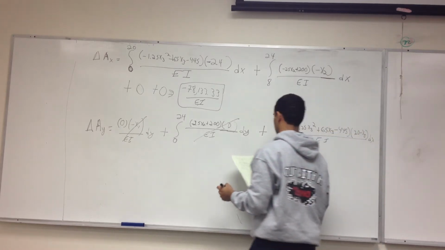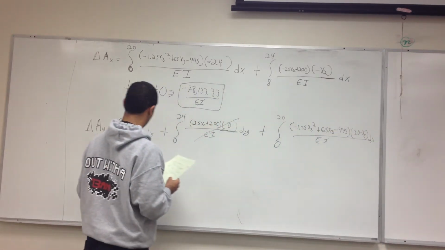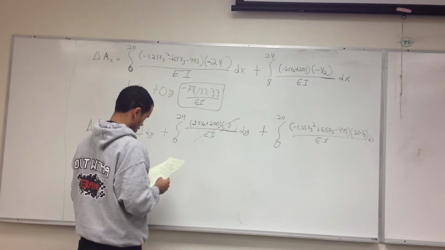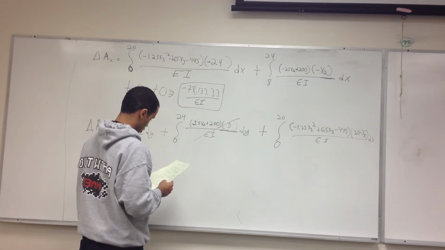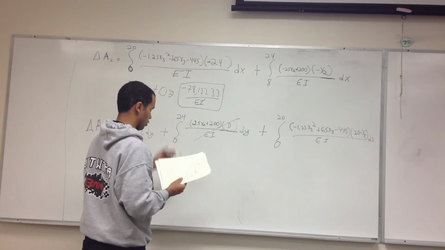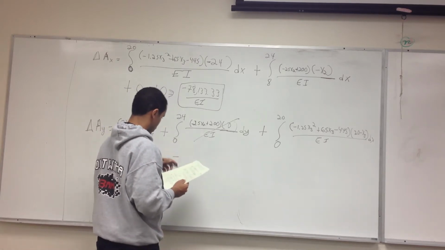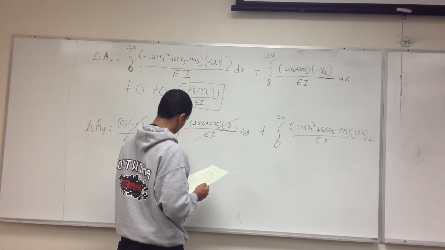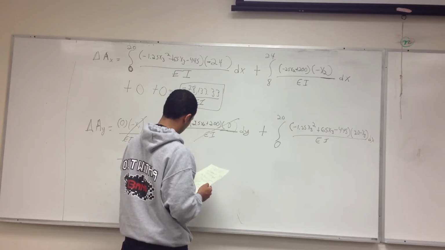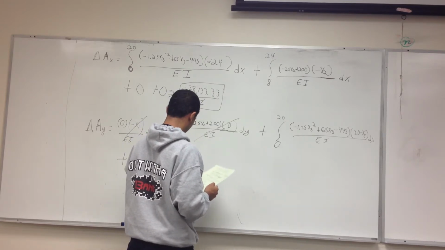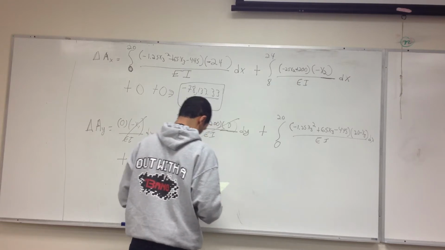And now we take our last cut, and we see that it's 0. So we add this all up, and we get that the displacement is negative 19,000 over EI. Okay?